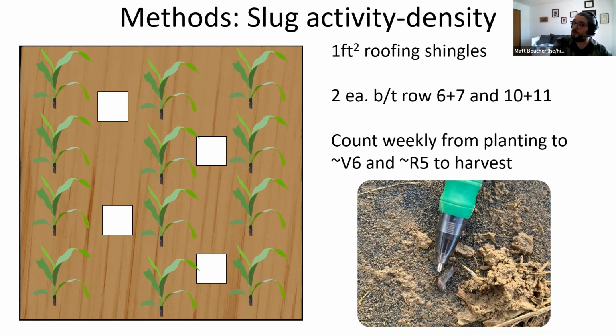This gives us an indicator of what's going on in the spring, in the early season when they're problematic for the current season. And then that fall data gives us an idea of what the slug pressure the following year will look like. So that fall data is really important because it can give us an idea if those planting green plots might create a compounding effect for slugs that might make it untenable to use multiple years in a row or something like that.